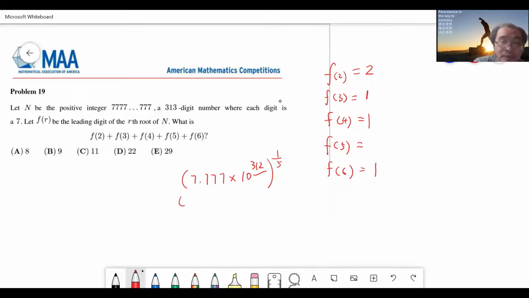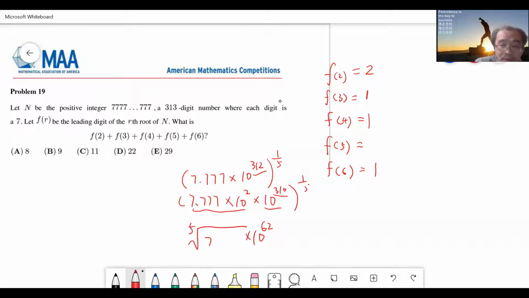So what we're going to do is this is actually 7.77 times 10 to the power 2 times 10 to the power 310, then to the power 1/5, right? So now you can see this is going to be 10 to the power 310. This 310 is a multiple of 5. We can evenly do the 5th root, give us 10 to the power of 62, right? So the previous part is going to be the 5th root of 777.77, etc. So then we just need to focus on this.